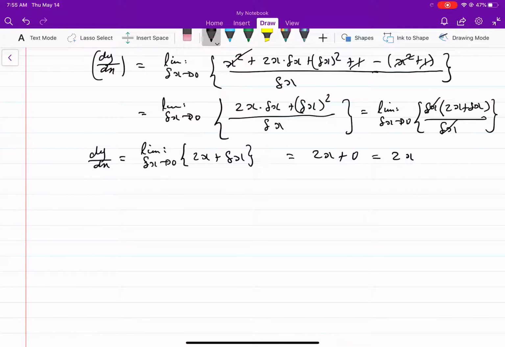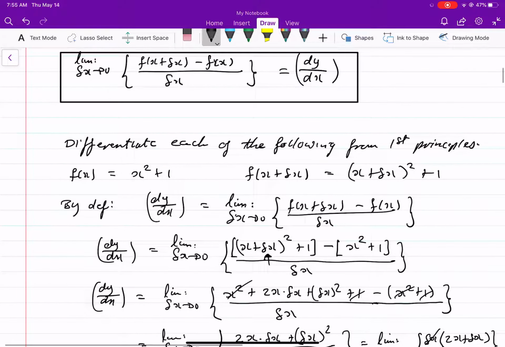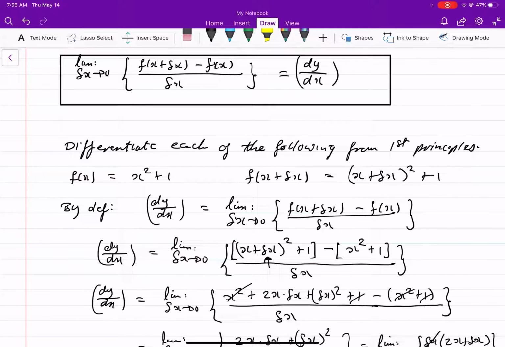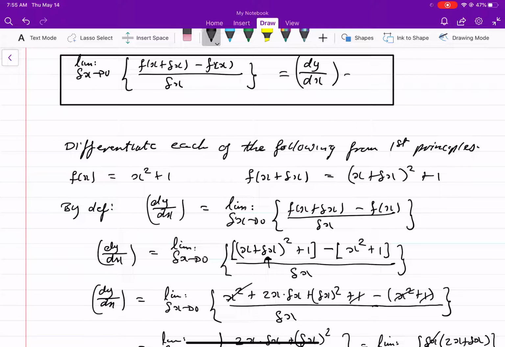So if f of x, maybe I should have dy/dx or f prime of x, just to keep the note. I'll leave the first one as it is. dy/dx or f prime of x. The f prime of x notation is a little more meaningful in this case.